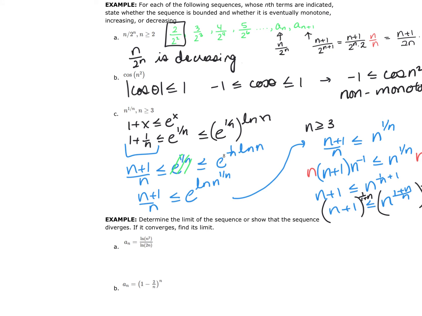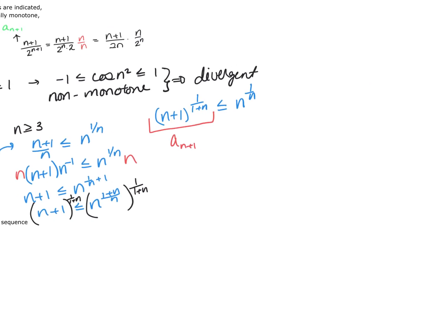If this is n plus 1, it would have been n plus 1 raised to the 1 over 1 plus n. And the right-hand side is a sub n. So this tells me that this sequence is decreasing the entire time, so it's monotone.